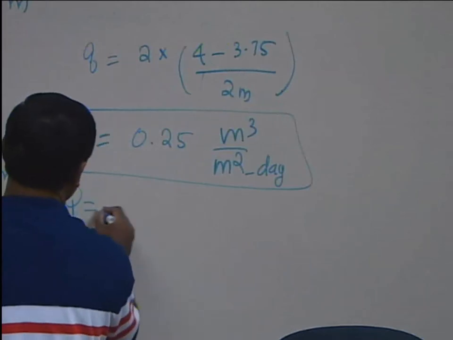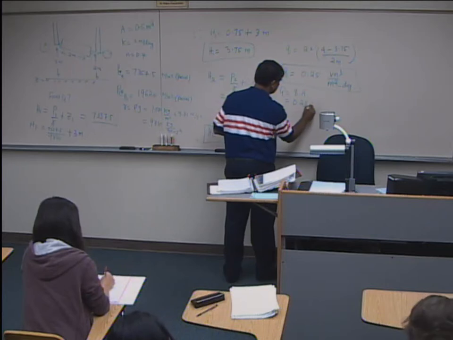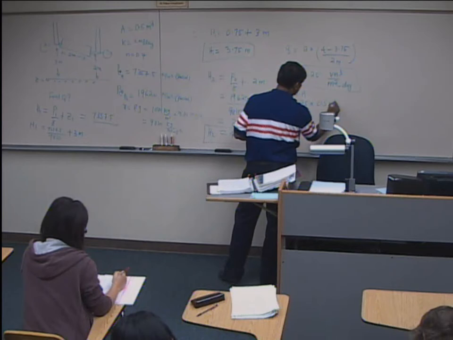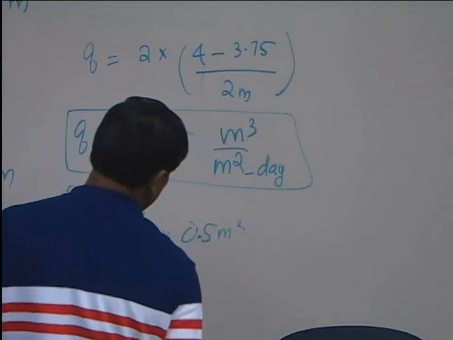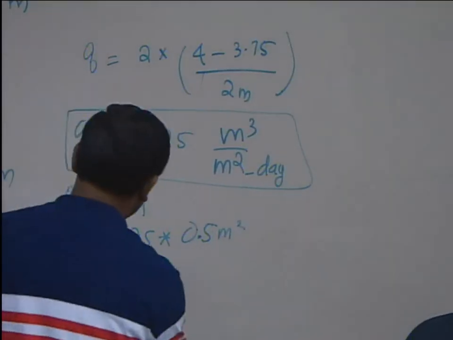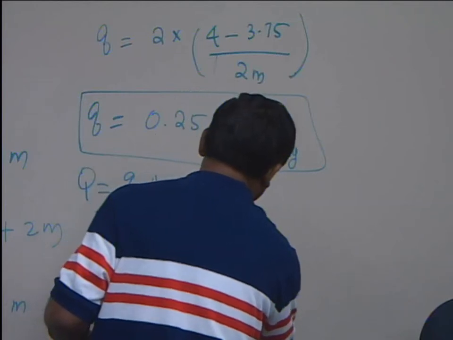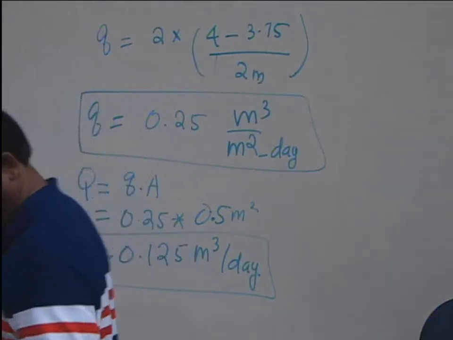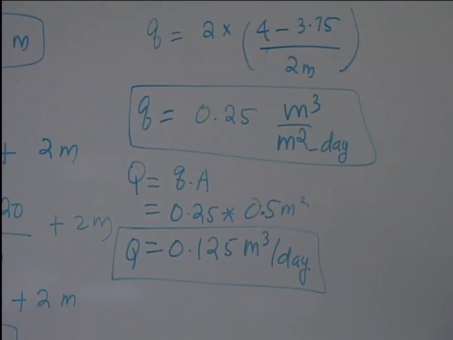Now find Q, which is equal to Q times A, which is equal to 0.25 times A is 0.5, which is equal to what? 0.125 cubic meter per day. Okay, so I can find my Q. Now what is my velocity? V. Velocity is given here.